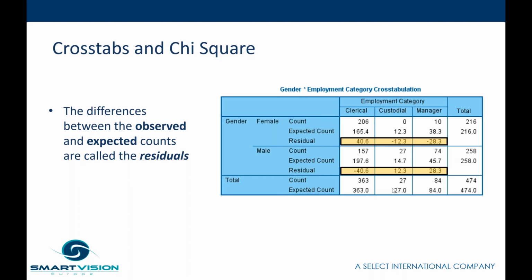So what you tend to do is square the number to get rid of the negative effect. So you square them. Basically, the bigger the sum of these residuals, the bigger the difference between what you observed and what you would expect to get if everything was fair and evenly distributed, and there was no difference effectively between the chance of a female being a manager or a male being a custodial worker or a clerical worker.